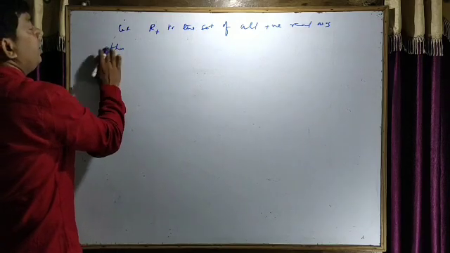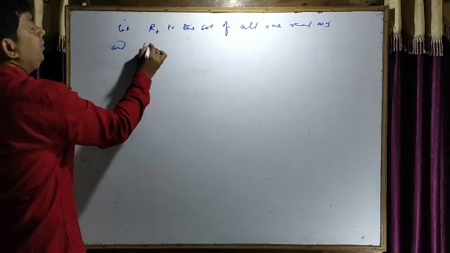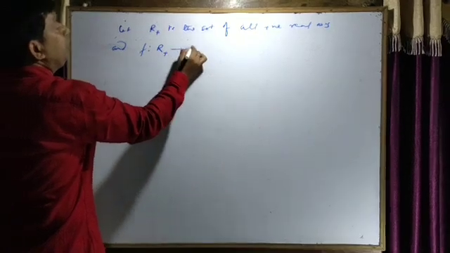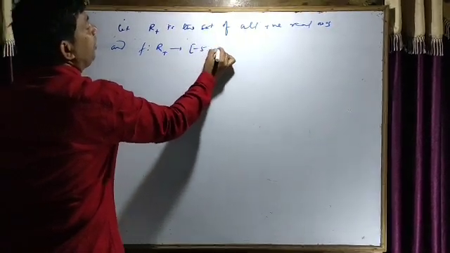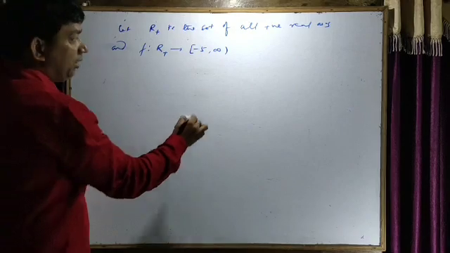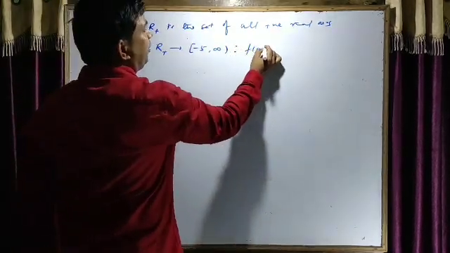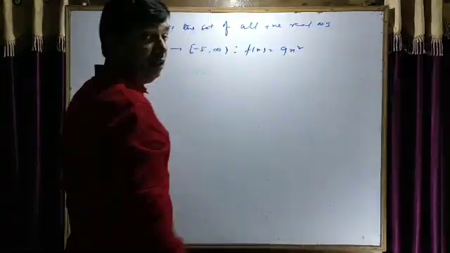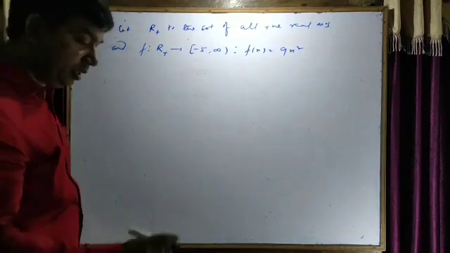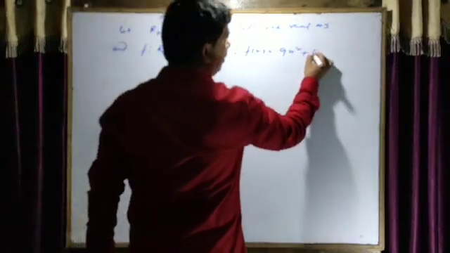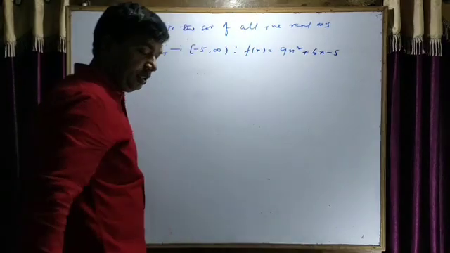Then f is a function from R plus to [-5, infinity) such that f of x equals 9x square plus 6x minus 5.